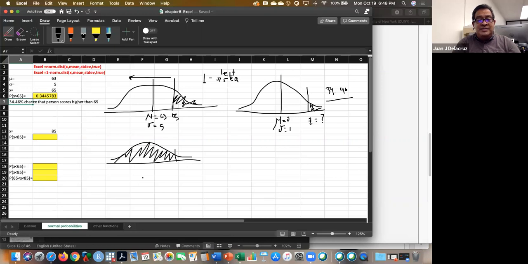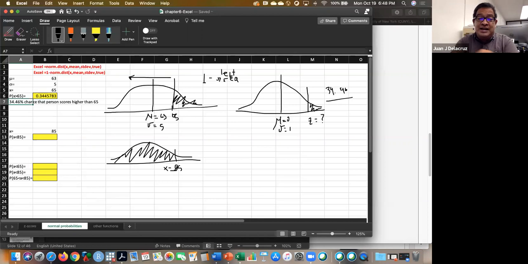I'm not writing this, so just keep in mind that these values are here. But now my x, my random variable, is 85. So the question is, what is the possibility that if I choose a person randomly, let's say I go to the cafeteria and I see all the students, and I will find a person whose score is 85 or lower. So that means 85, 84, 83, all the way down to 0.